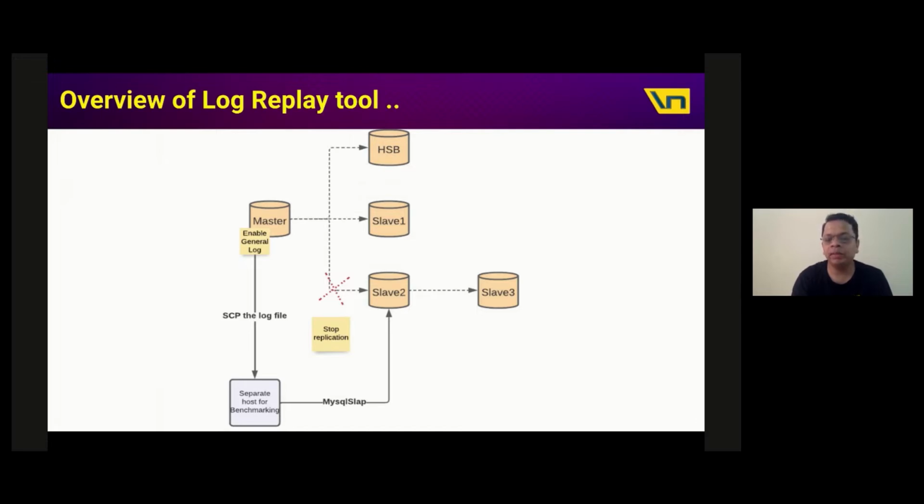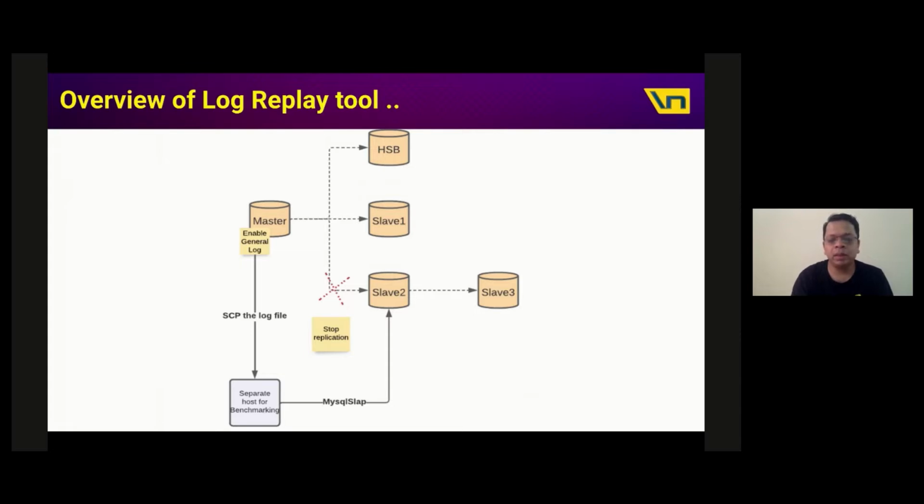And what is the purpose of adding slave 3 behind slave 2? During this benchmarking, we also want to observe whether there is any replication lag happening on slave 3, because that is also an important aspect. When we get a sale kind of load, it should not happen that your slaves are lagging just to catch up with your read-write throughput.